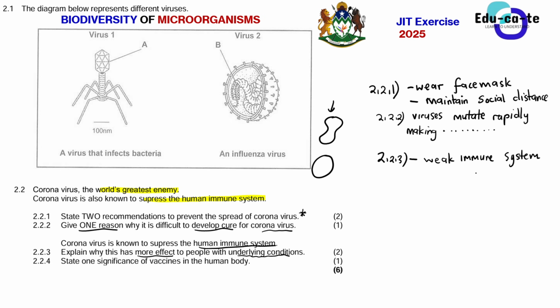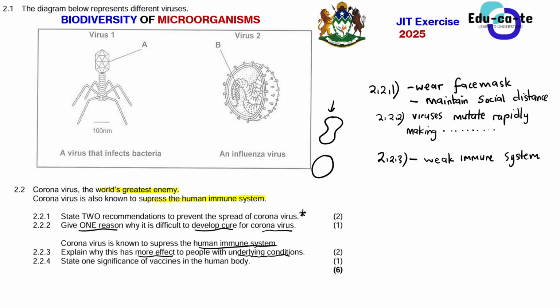And remember that the coronavirus is also suppressing the human immune system as well. So the moment the coronavirus comes into their body, it will further weaken the immune system. That's why this affects those people more than a random person.